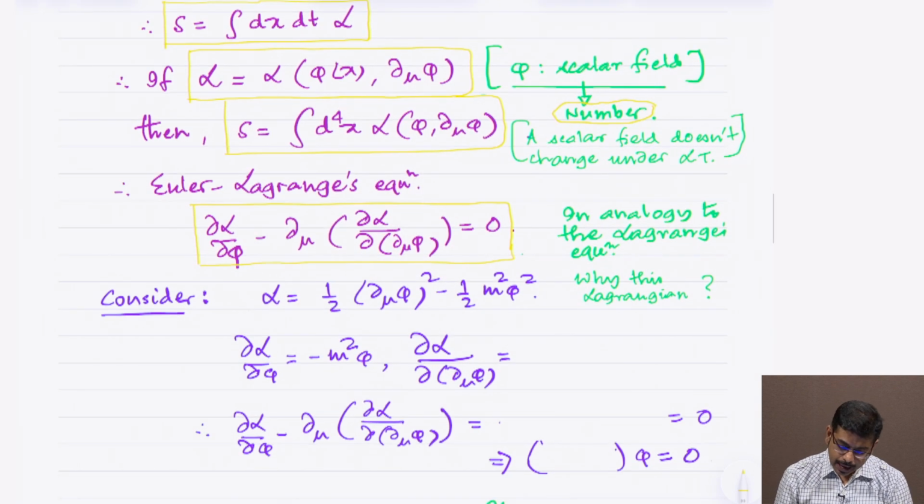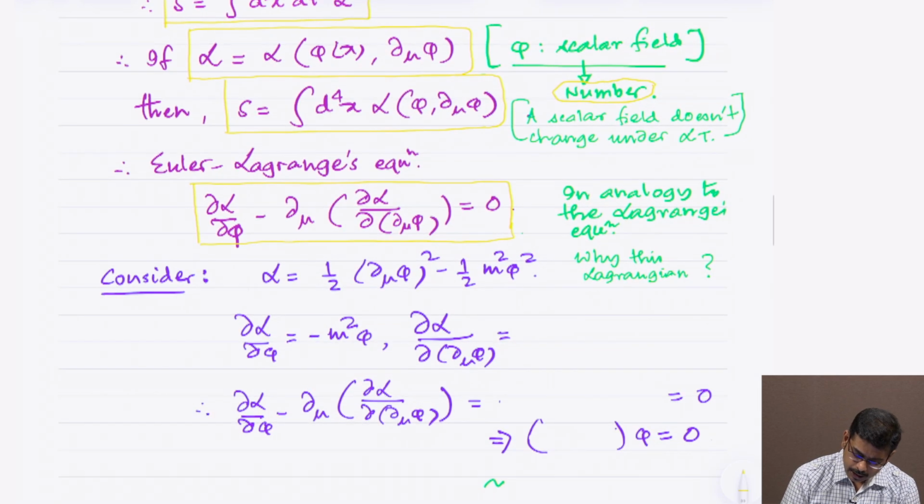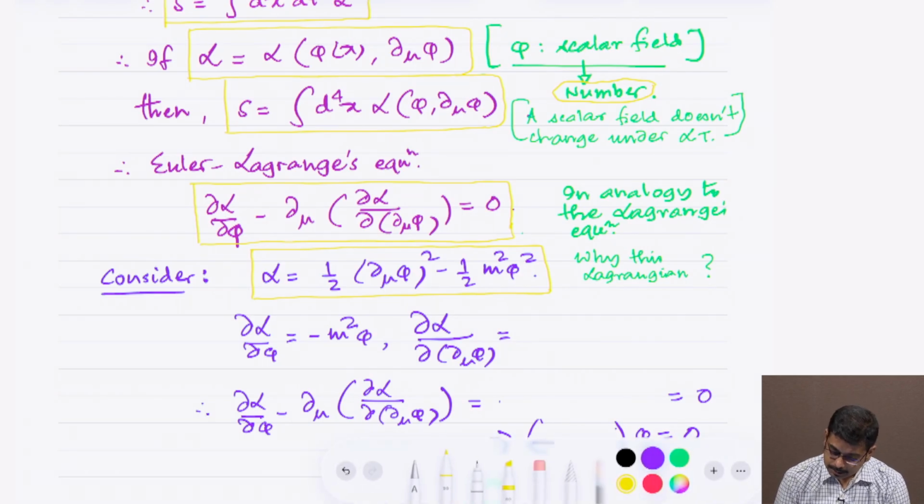Okay? Now, let us consider a simple Lagrangian which I am writing, for a real scalar field. This Lagrangian is half of (del mu phi) whole squared minus half of m squared phi squared. These are the terms that I have written. Now, what does this (del mu phi) whole squared mean?